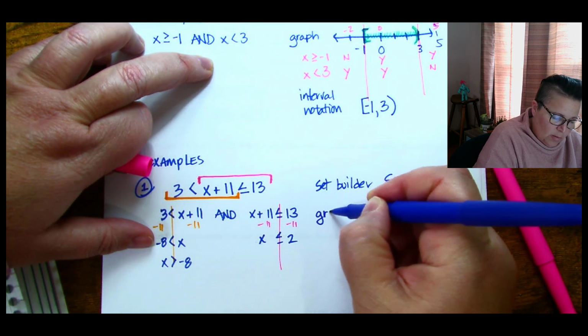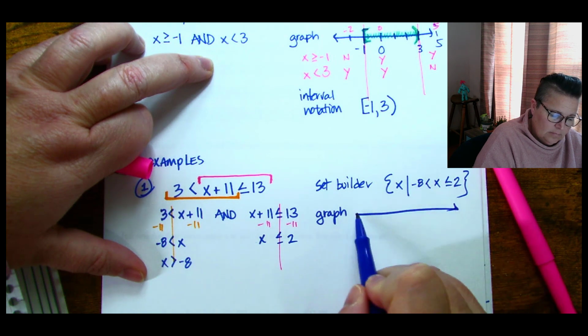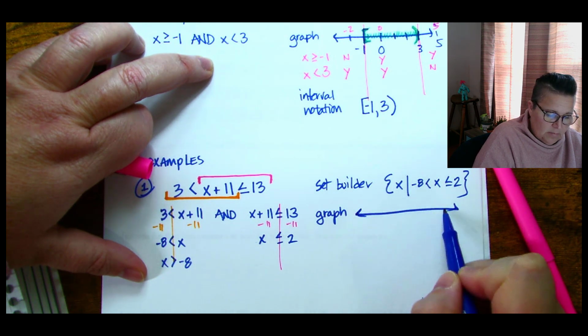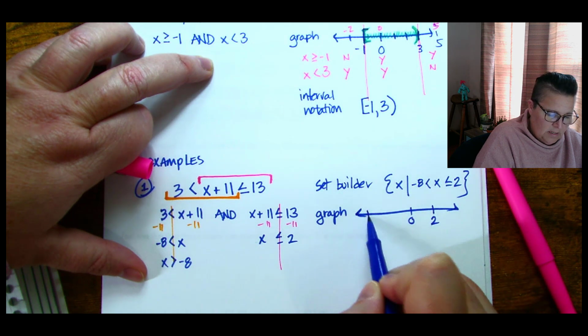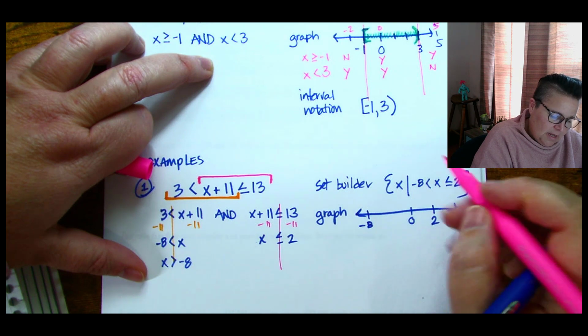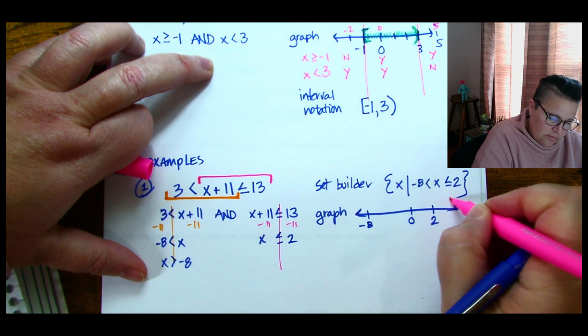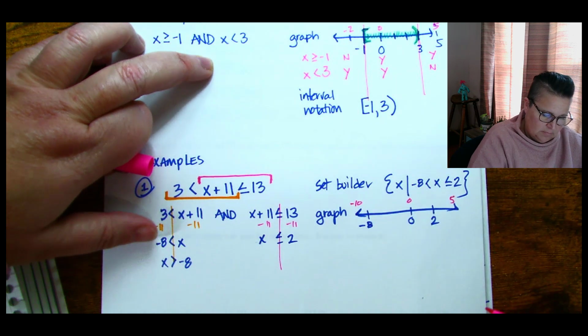If I'm going to graph this one, let's see, I need a 0, I need a 2, and I need a -8. Then I can choose, let's choose a 5, let's choose the 0, and let's choose a -10.